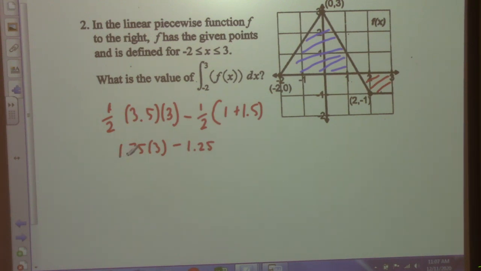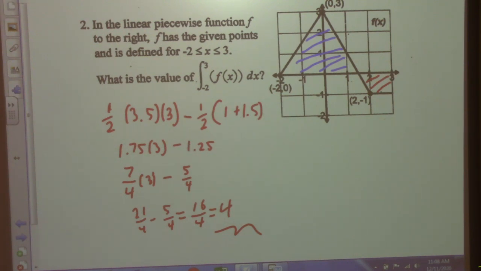Let me write it here as fractions, it'll be easier: 7/4 times 3, minus 5/4. So 21/4 minus 5/4 is 16/4, which equals 4. So 4 is going to be our area for this. So that's really what you have to look at for this.